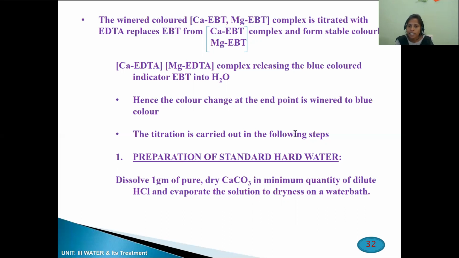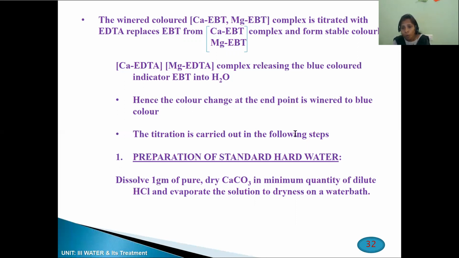Now let us see the preparation of the chemicals in this experiment. Before that, what are the chemicals we are using? One is EDTA, another is a buffer solution, and another is an EBT indicator. But before doing this experiment, initially we don't know the EDTA hardness.